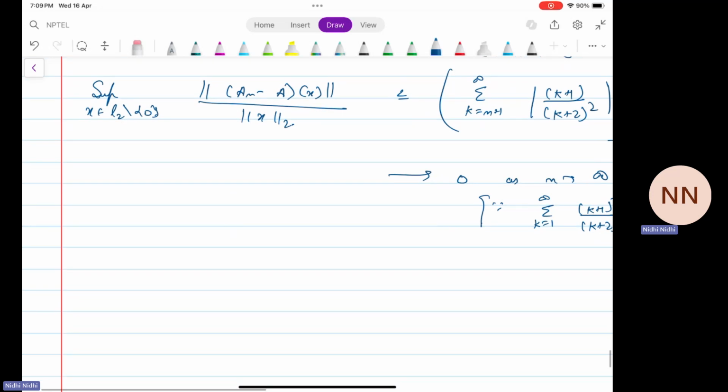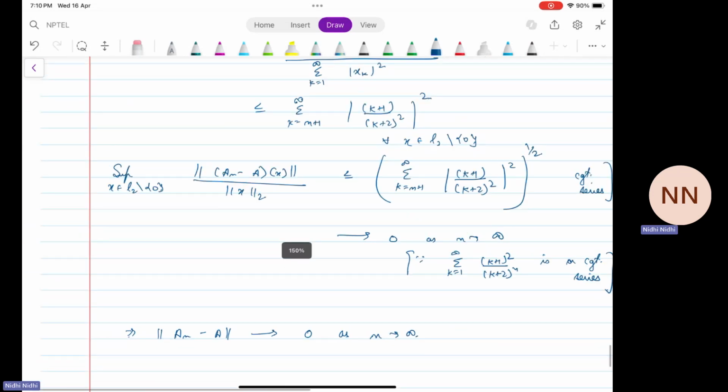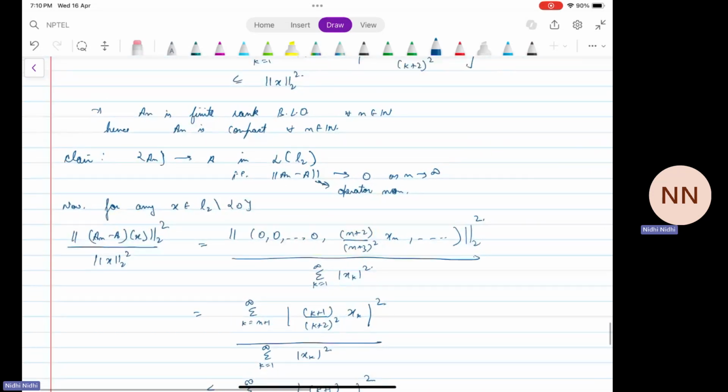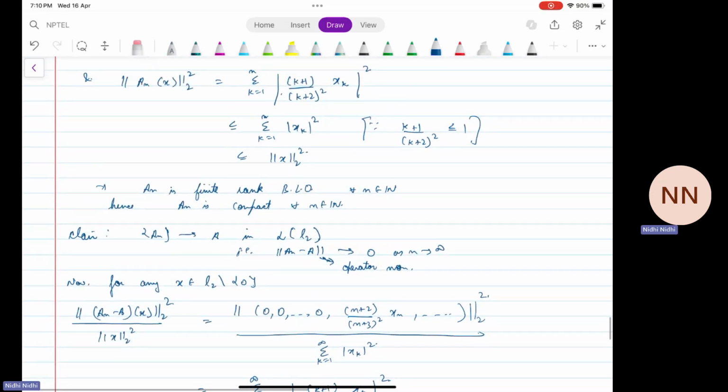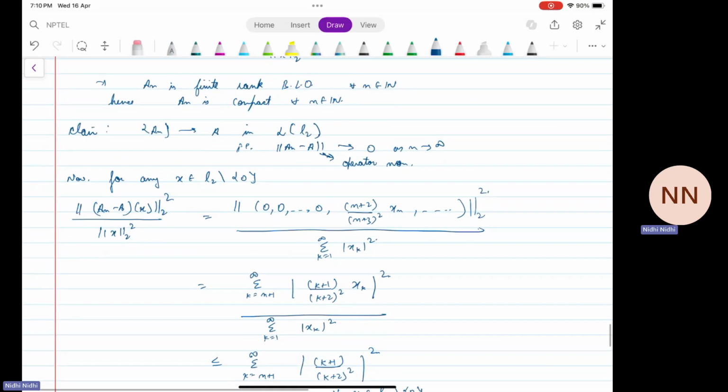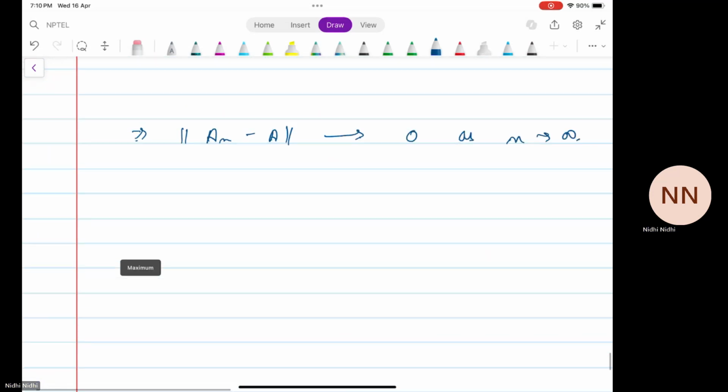And the left hand side is actually the operator norm of A_n minus A, which goes to 0 as n tends to infinity. Therefore, A is a limit of compact operators, and since this space of compact operators is closed, therefore A must be compact.